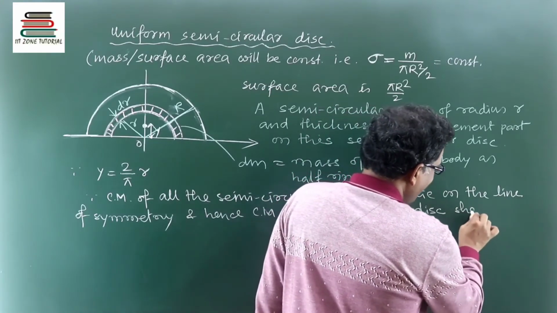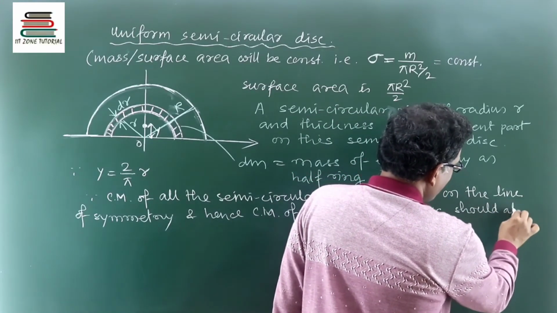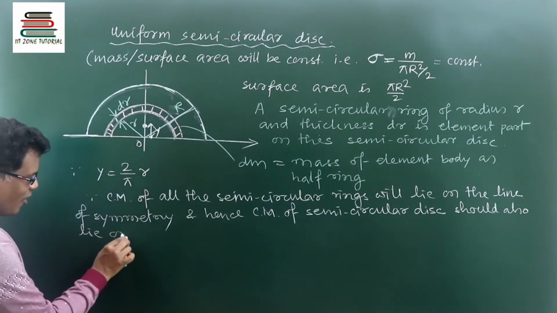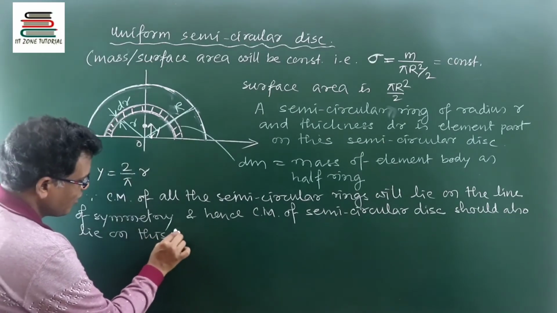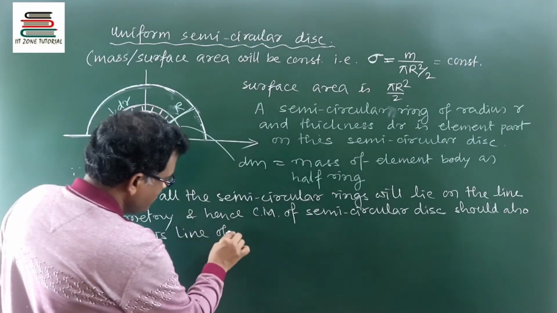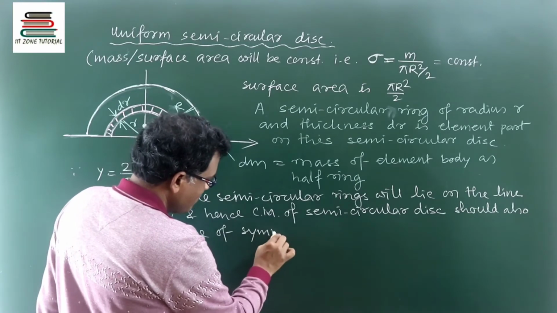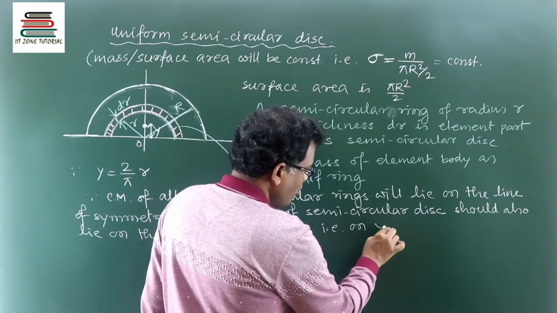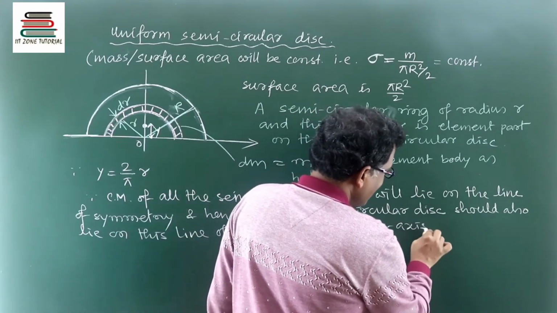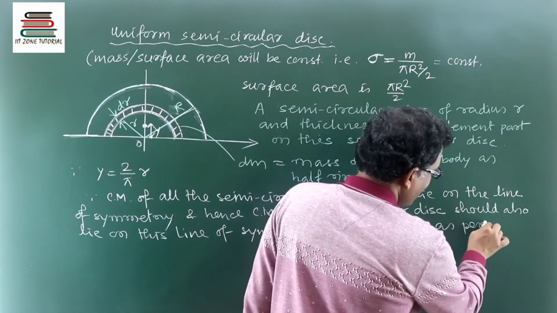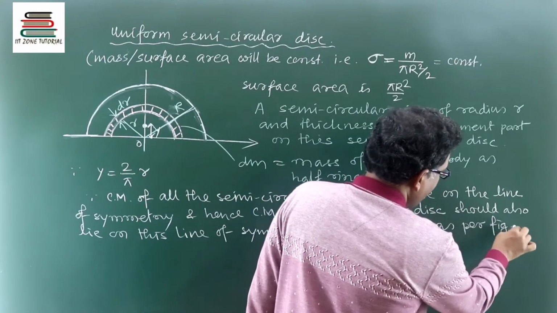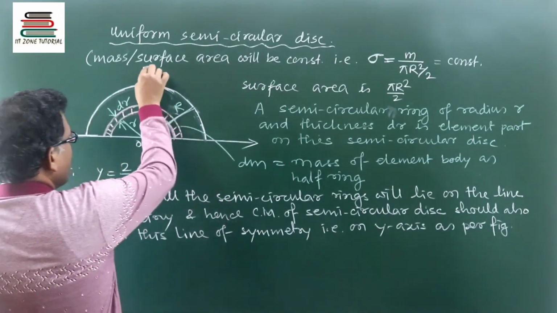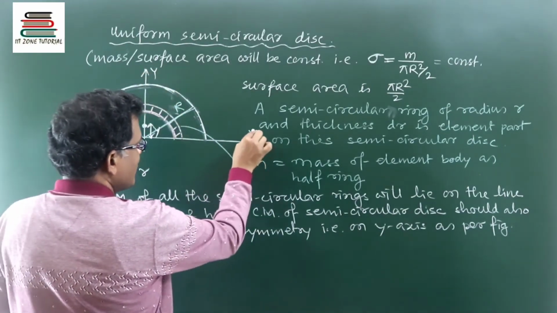should also lie on this line of symmetry, that is on the y-axis, as per the consideration of the position of the semicircular disk with respect to this coordinate axis.